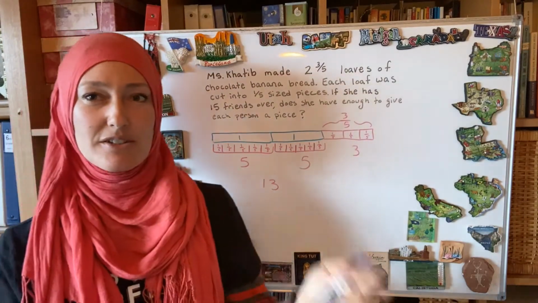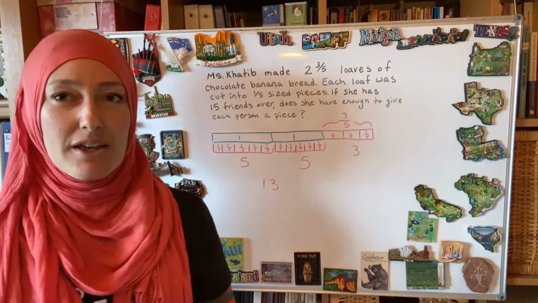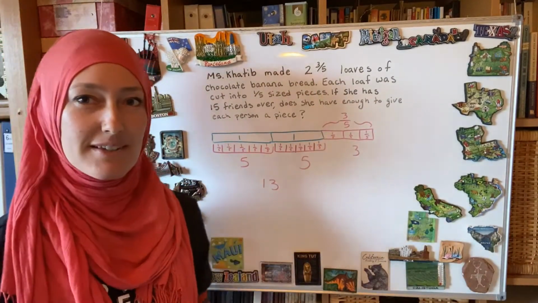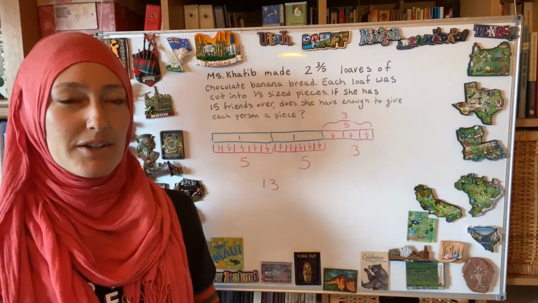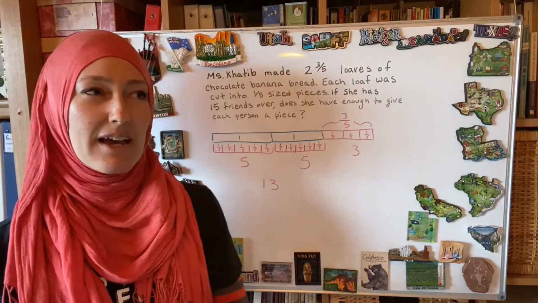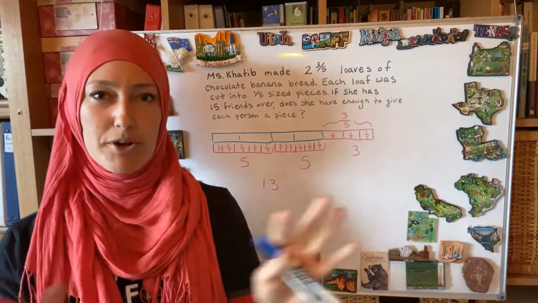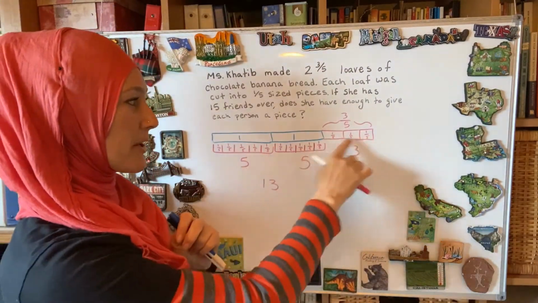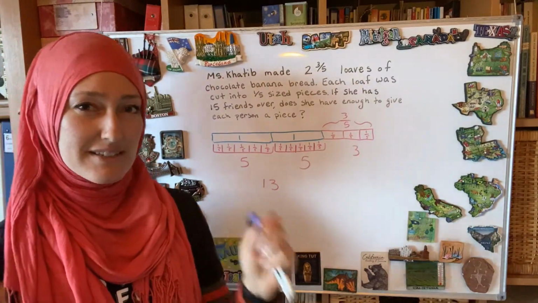Now here's where it's going to start crossing over, where you're going to be able to do things without a model. How can I rename 2 3/5 as a fraction and not a mixed number? What that's asking you is, how can I name 2 3/5 as just its parts? So if I counted up all of these parts, how many did I have? I had 13 of them. And what is the size of the part?